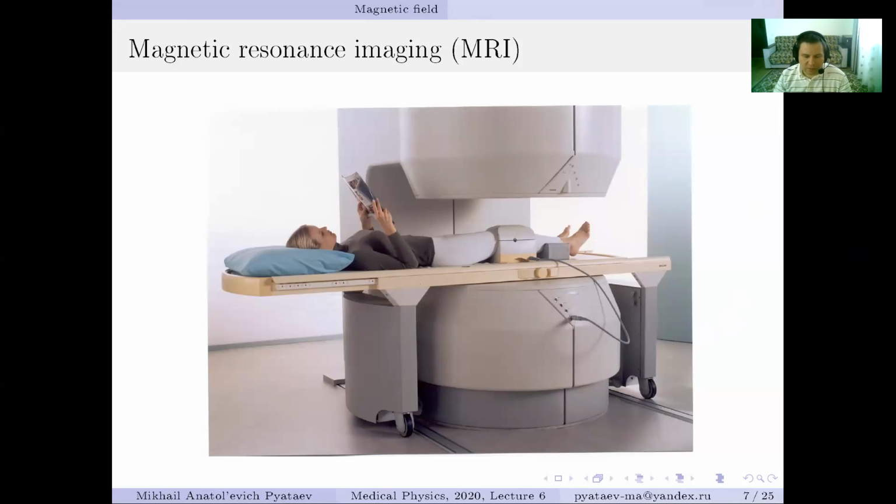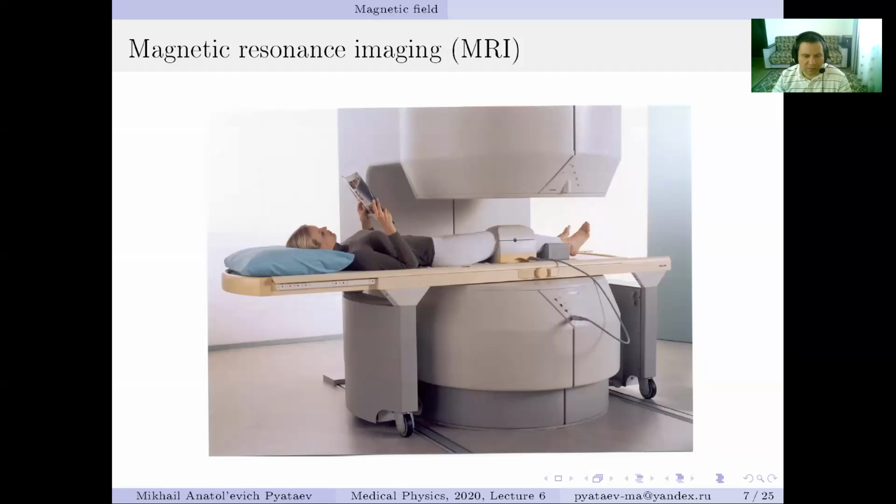It is based on not a permanent but a pulse electromagnetic radiation. So this pulse makes a change in the magnetization of protons, and after that the received signal can carry information about relaxation of the initial magnetization.